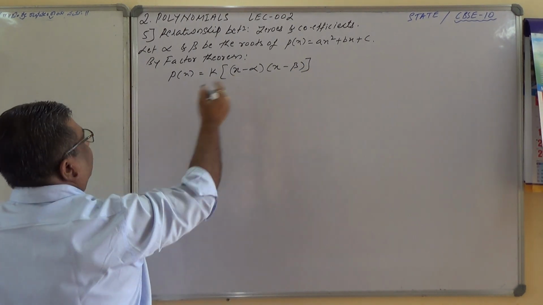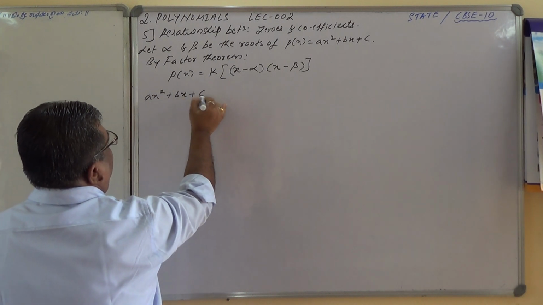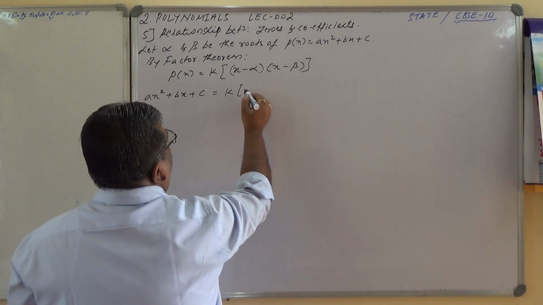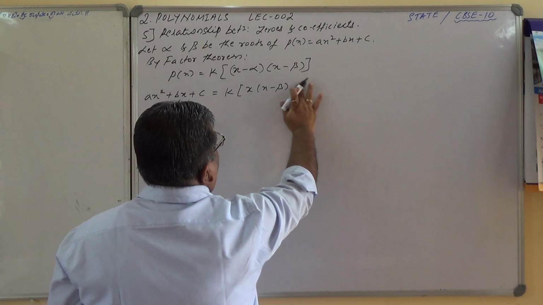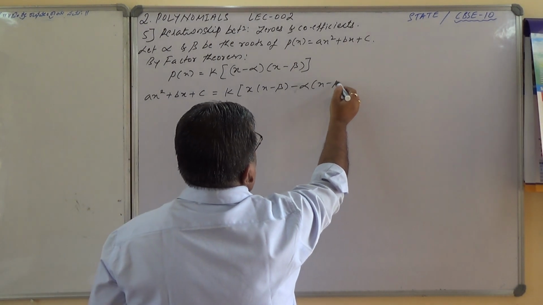What is p of x? Ax square plus bx plus c equals k times x into x minus beta minus alpha into x minus beta.